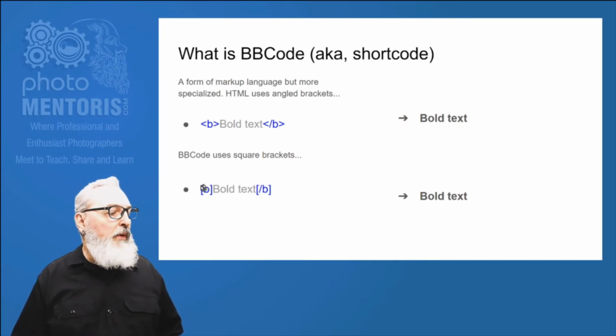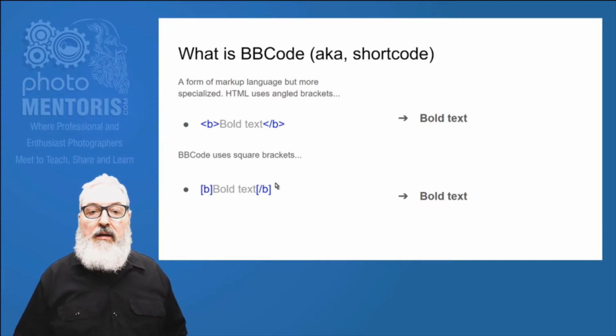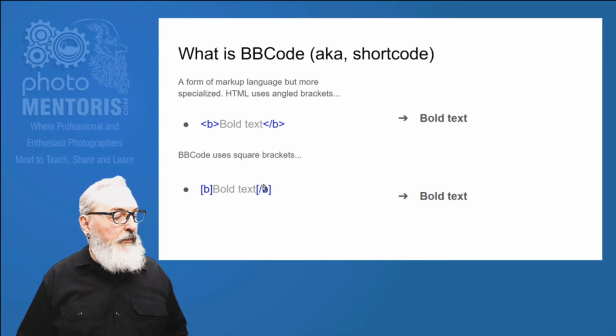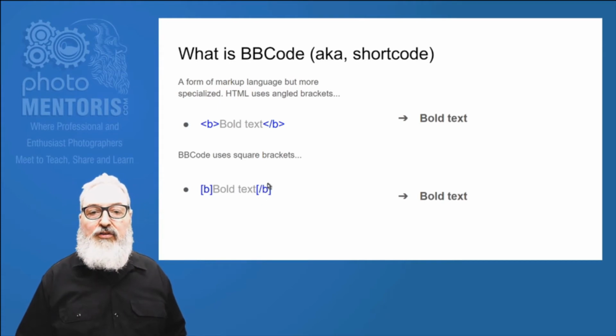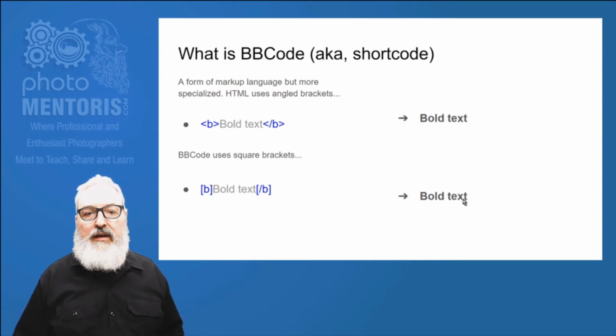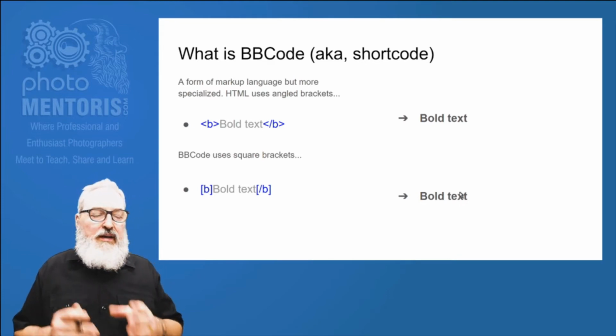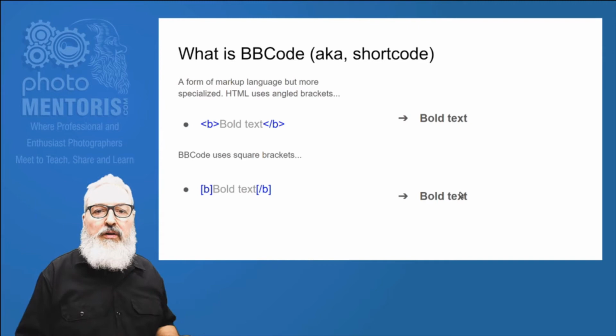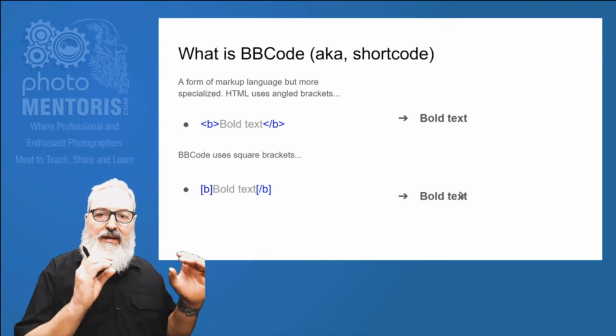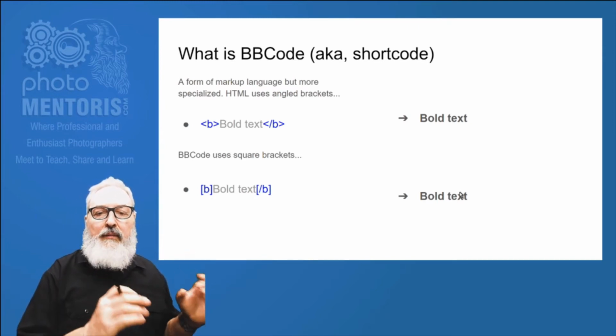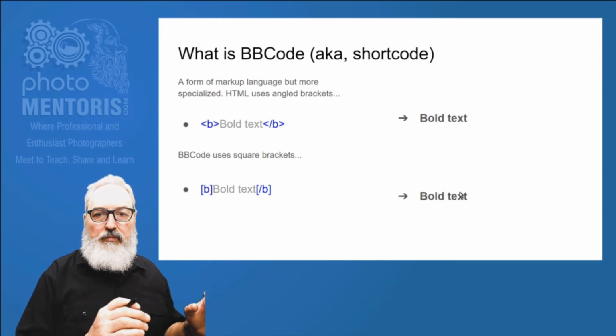If you put the opening code square bracket B, put your text, and close the code with backslash B in the square brackets, that will also give you bold text. What the forum software is doing is looking for that shortcode and saying, okay, everything between these two brackets, I'm going to make it bold.